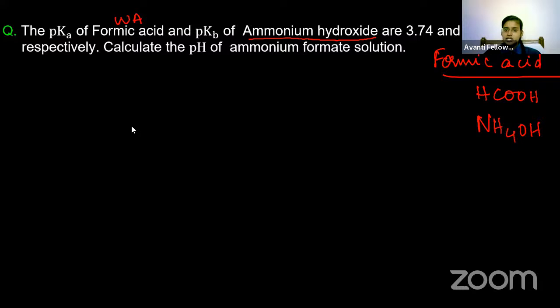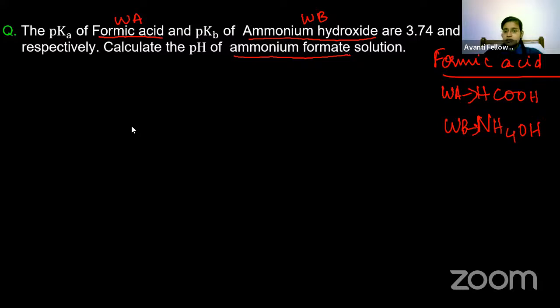It is an example for a weak base. So the salt that is going to get formed from these two is called ammonium formate. So we have to find out the pH of this ammonium formate solution.